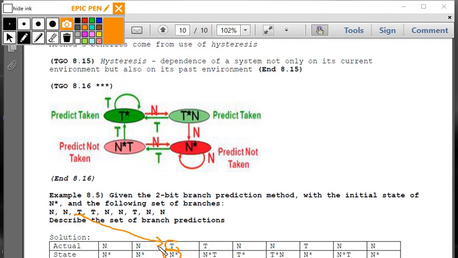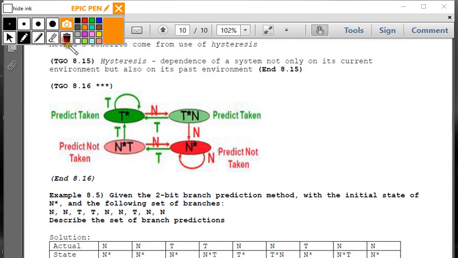So that means this is a situation where we predict not taken, and then we find out that we were actually supposed to take the branch. So where do we move to on the FSM? To the left. So that is why on our solution, this next state is N*T, because we're now in this state.